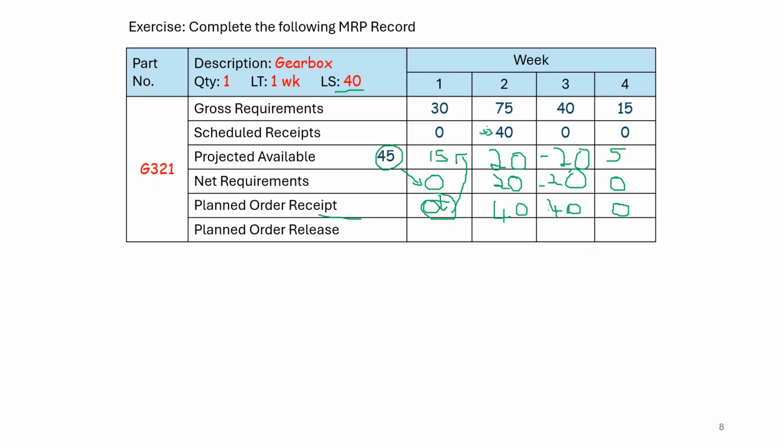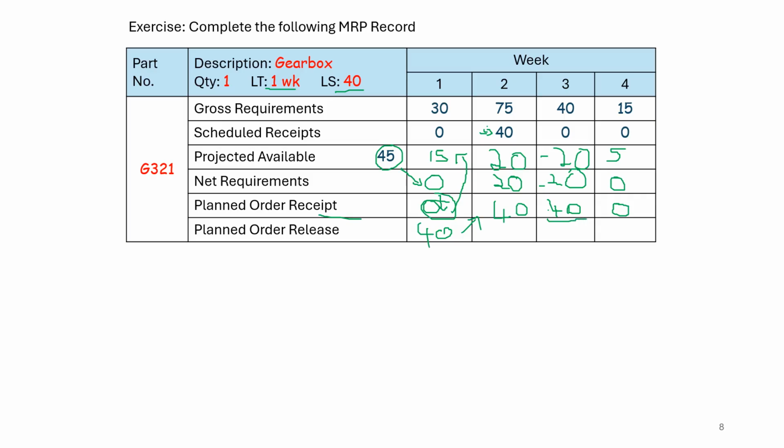So in week 2, we plan to receive 40 units of product and the lead time is 1 week. So we need to place an order for 40 units in week 1 itself so that we can receive 40 units in week 2. And similarly, in week 3, we again plan to receive 40 units of product.